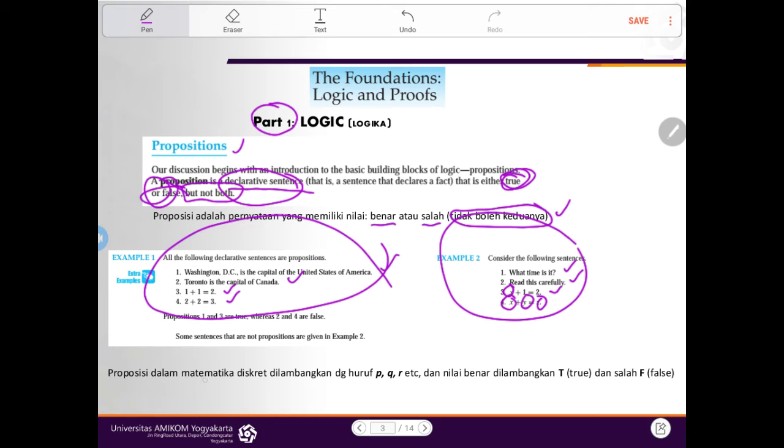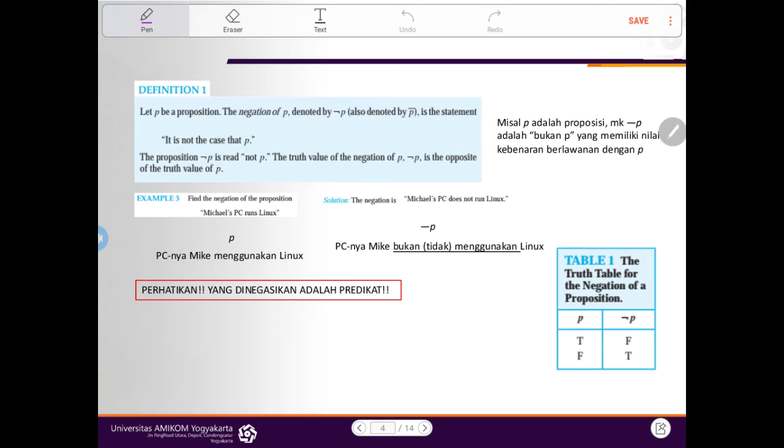Okay. In discrete mathematics, we use small letters, and for the value we use true or false, T or F. Okay. Definition 1. Let P be a proposition.